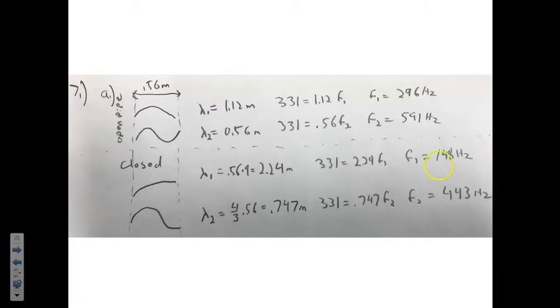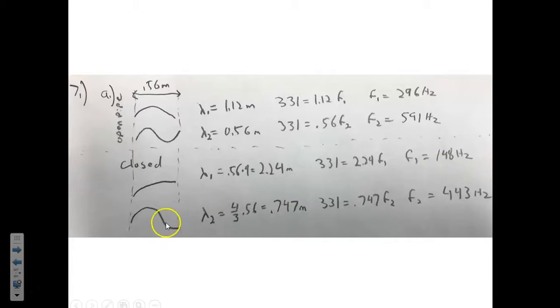Notice that just by closing off, if the ends of the pipe are open, I'm going to get a frequency of 296 hertz. If I put my hand over one end of that pipe, that frequency is going to drop down to 148 hertz. And I can probably demonstrate that for you if you remind me.